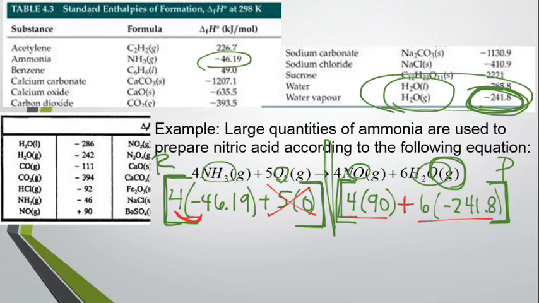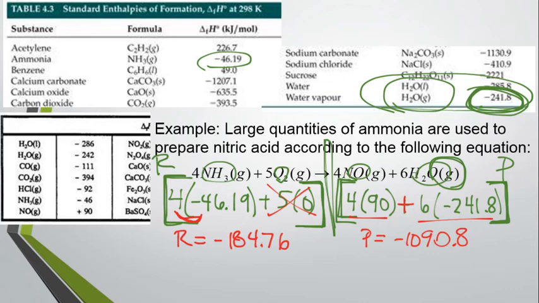And my total for my reactants was negative 184.76. My total for my products was negative 1090.8.